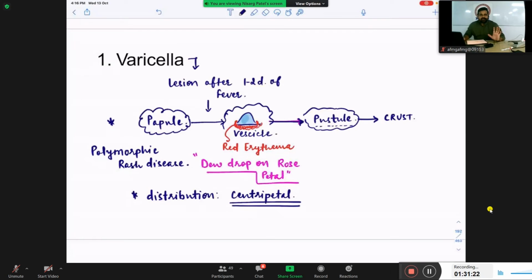More on the trunk, less on the extremities. Okay, so centripetal means it is more on trunk than extremities. So centripetal distribution.